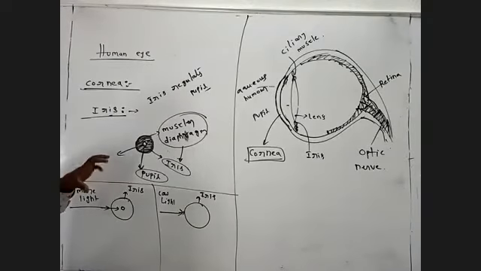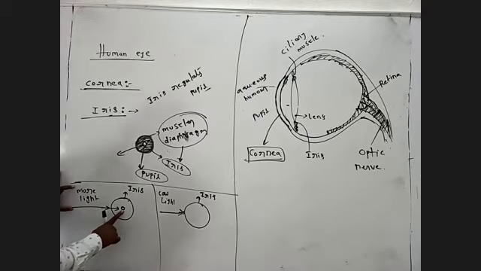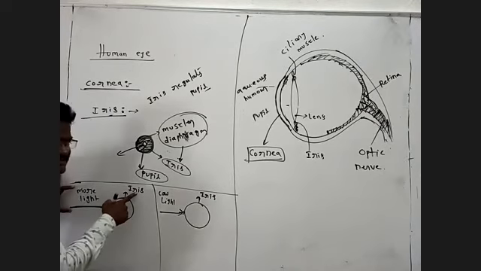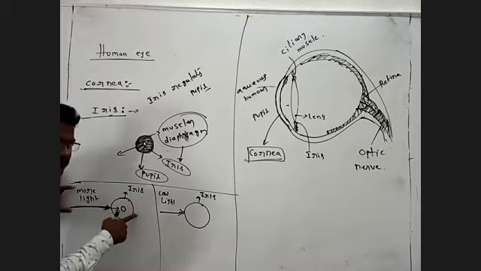How does the iris regulate the pupil? It means more light falls on the iris, and the iris will change the size of the pupil. So what is the size of the pupil? Very low. This is the actual size of the pupil. More light falls on the eye, and the iris will contract the size of the pupil.